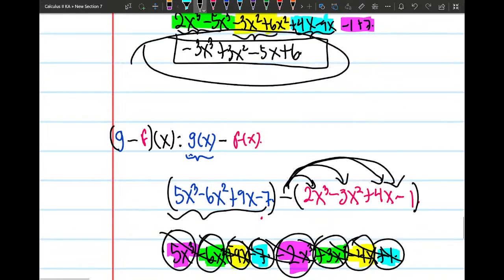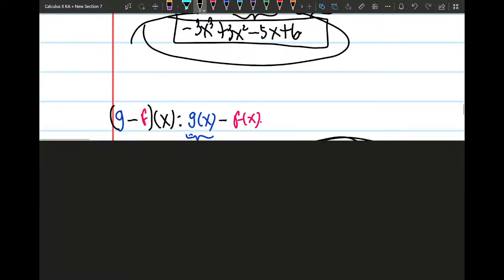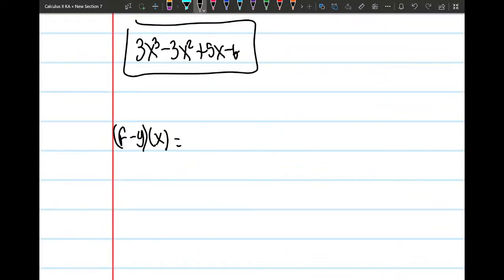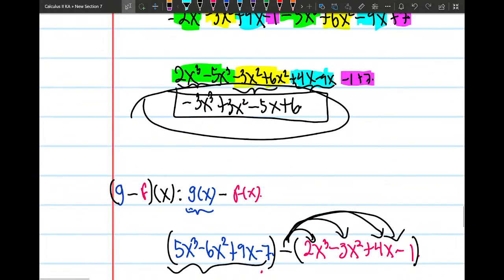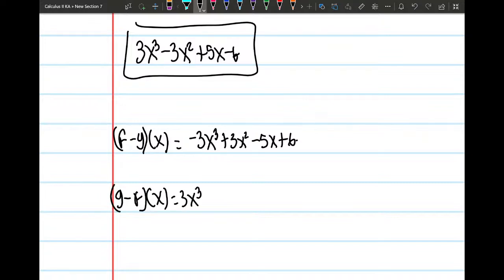So it was negative 3x cubed plus 3x squared minus 5x plus 6. And then for g minus f of x, we got 3x cubed minus 3x squared plus 5x minus 6.